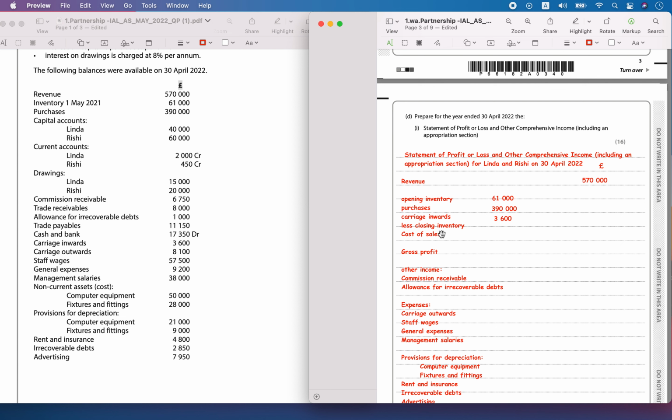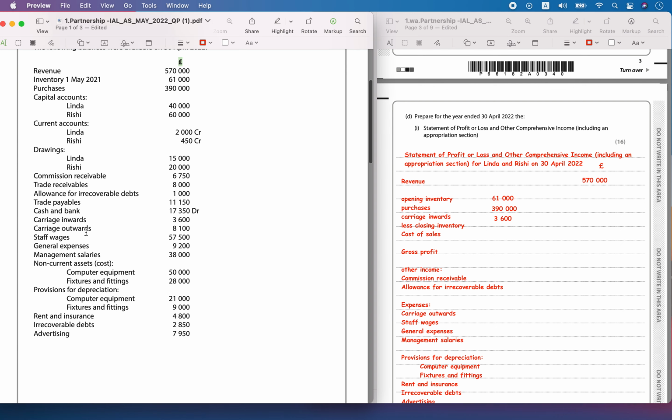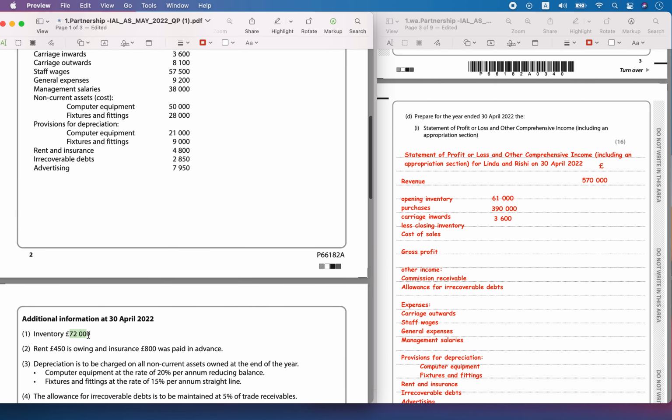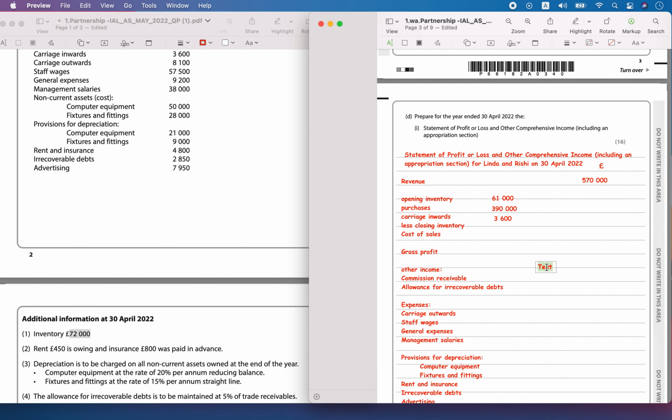Then we have to less the closing inventory. The closing inventory was 72,000. So let's find the cost of sales.